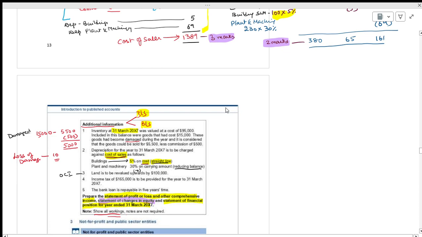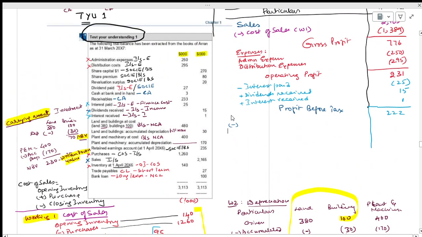What is there? Hussein, read. Income tax of 165,000 to be provided for the year to 31st March. Okay, we have to pay income tax.